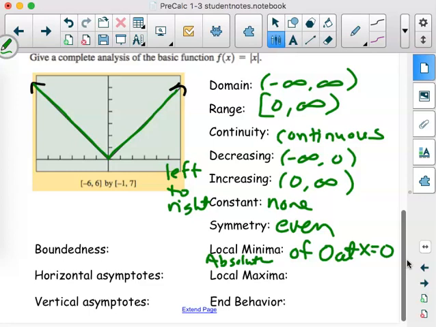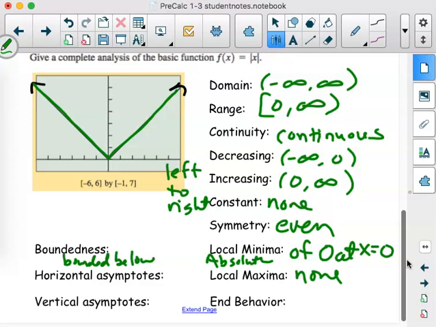Does it have a maximum? Arrows show us it's going forever, right? So that's a none. Is it bounded? I wouldn't take off if you put bounded below. I wouldn't, because it is. It's bounded below, but it's just not bounded because the arrows are going up forever. But if you put bounded below, I would be okay.